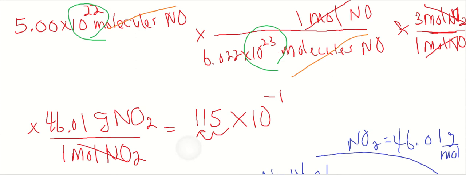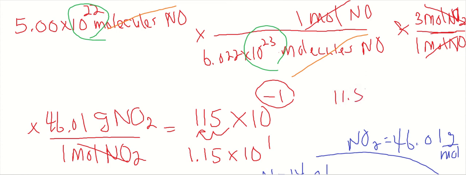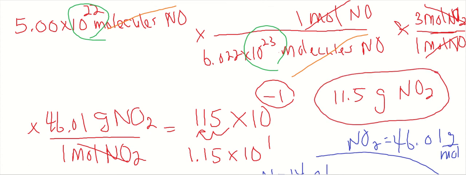So the final answer is going to be 1.15 times 10, and if you move it to the left, the exponent has to increase by 2. We don't have to write ones. In fact, we could just say 1.15 times 10 is 11.5 grams of NO2.